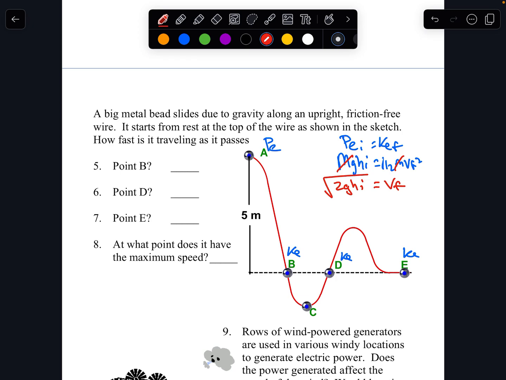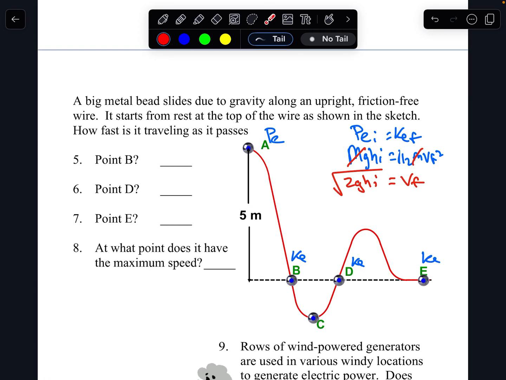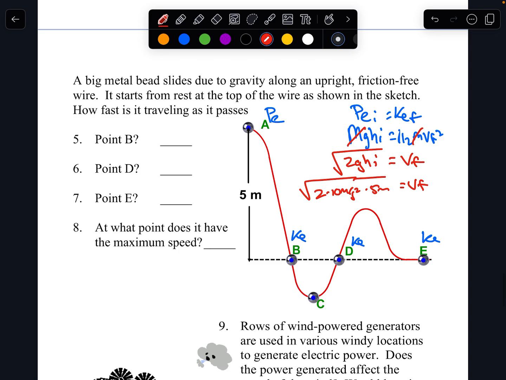Okay, so all we need to do here, folks, is plug in our 5 for our height and 10 for gravity, which is actually the exact same numbers that we had on the previous ramp problem. So we're going to have the root of 2 times 10 times 5 meters high equals v_f. If you crunch the numbers on that, you should get 10 meters per second as the final velocity.